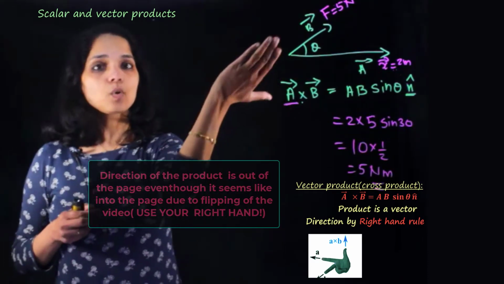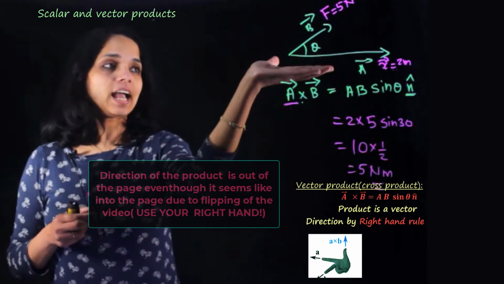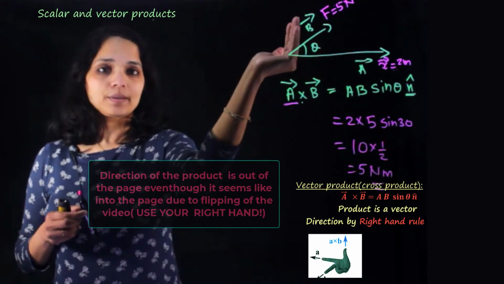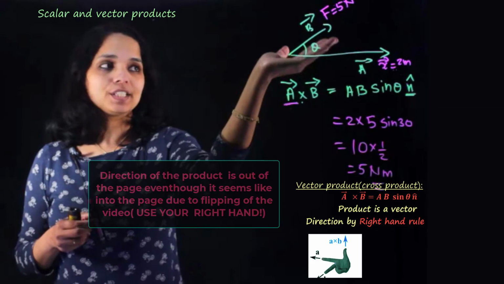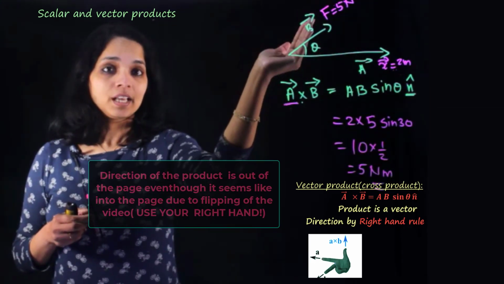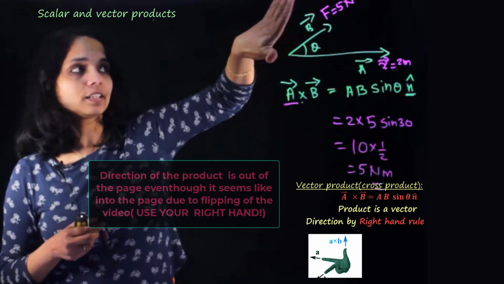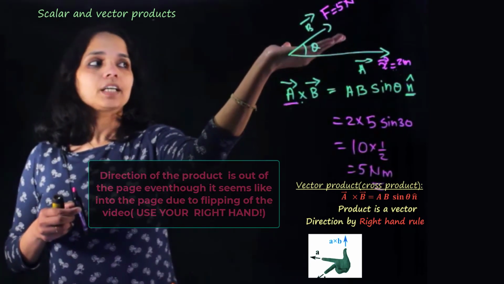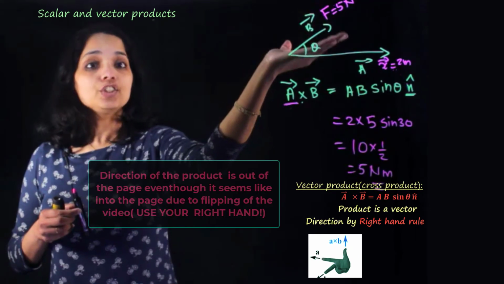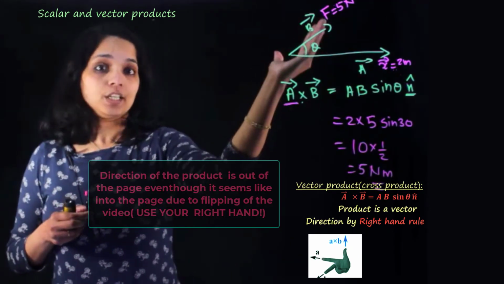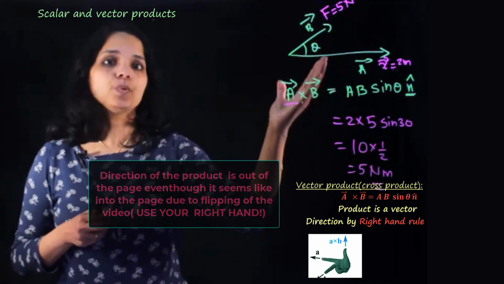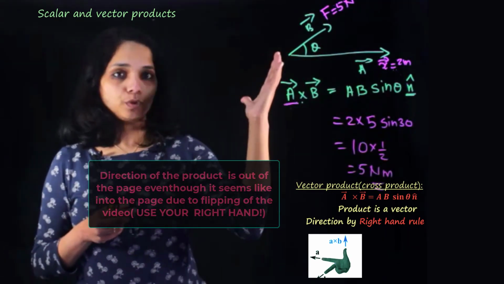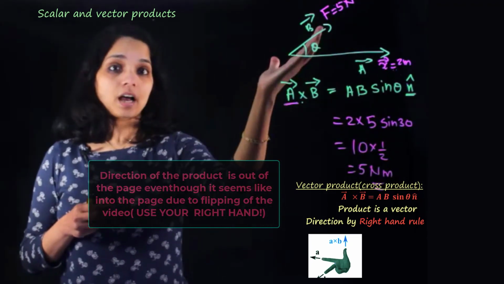Place all your fingers in the direction of vector A and curl your fingers into vector B. This is the only way I can curl my fingers into the direction of vector B. If I place my fingers here, I can't curl my fingers back, so I should place my fingers this way and then curl my fingers into vector B, and the thumb is showing the direction. So in both ways you end up with the same answer as the direction. So the direction is pointing out of the page.